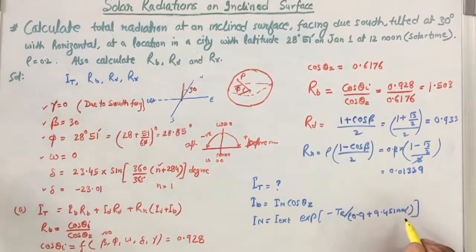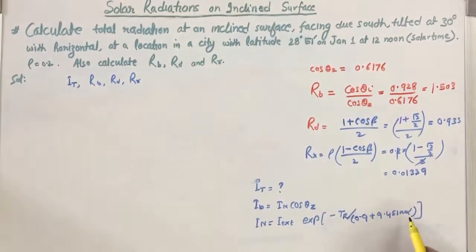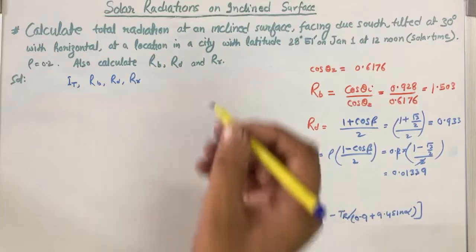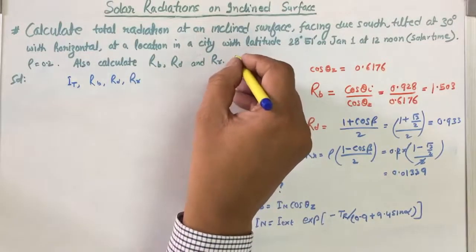Now here alpha is required, and we know alpha is the angle between the sun radiation and its projection on the horizontal plane. So the sun radiation at 12 noon should be equal to 90 degrees. Now alpha can be 90 degrees from solar noon, solar time, and TR is the turbidity factor that was not given here.